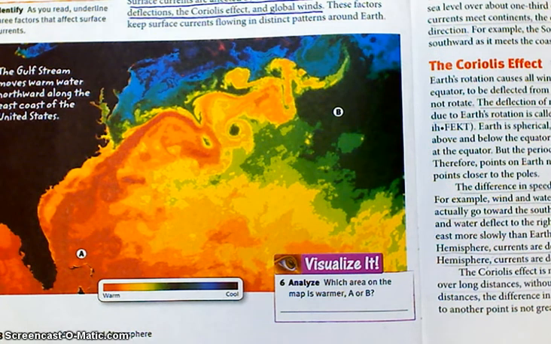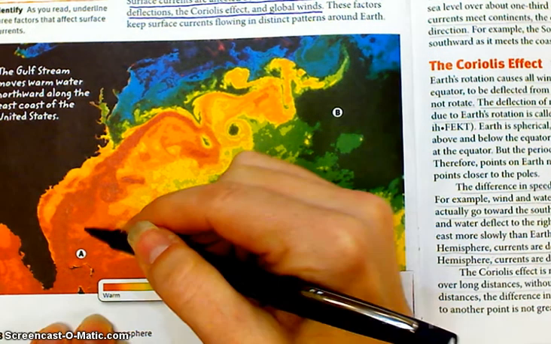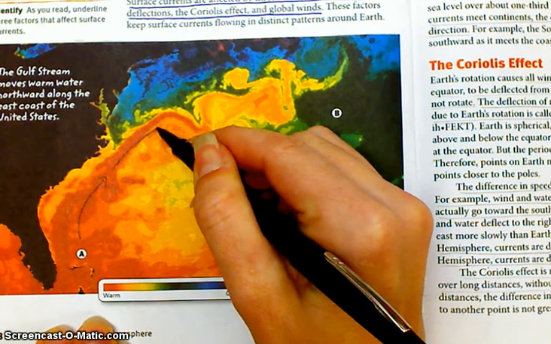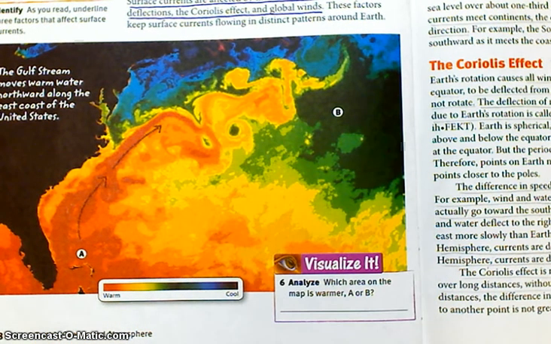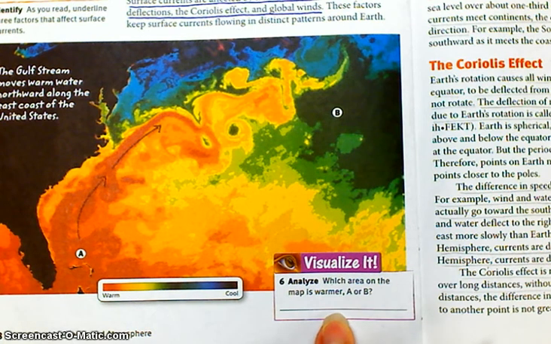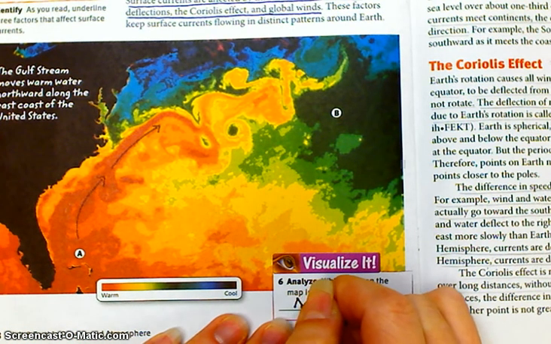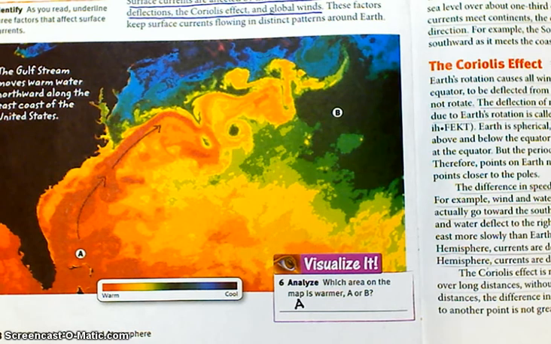All right, so the Gulf Stream is moving warmer water up along the east coast this way. We know that A is warmer because A is color-coded red, and red indicates warmer temperatures.